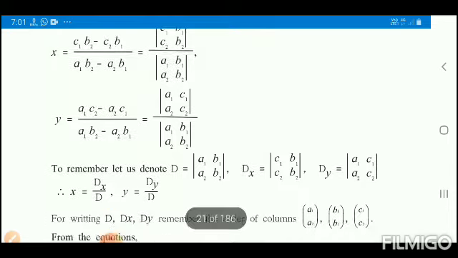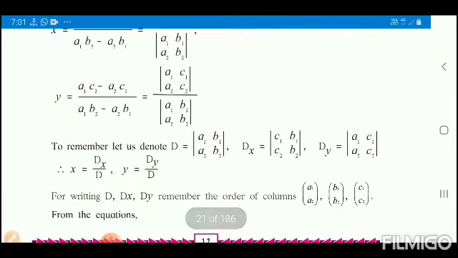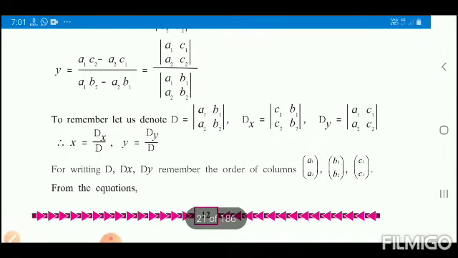I am reading it by columns. y is equal to a1, a2, c1, c2 upon a1, a2, b1, b2. To remember, let us denote this denominator as d. For Cramer's rule, we should know the values of d, dx and dy, because by Cramer's rule we find the values of x and y such as x is equal to dx upon d and y is equal to dy upon d.